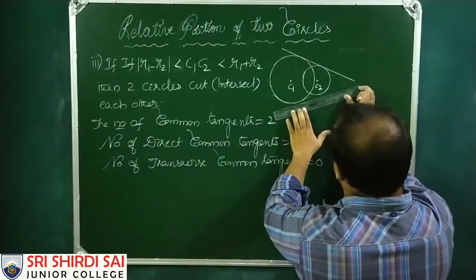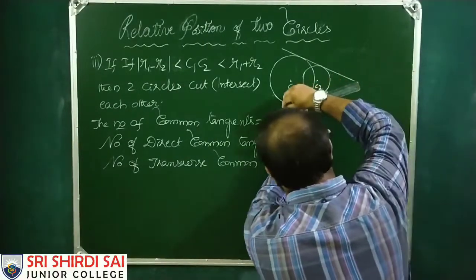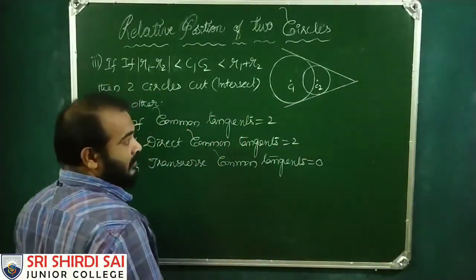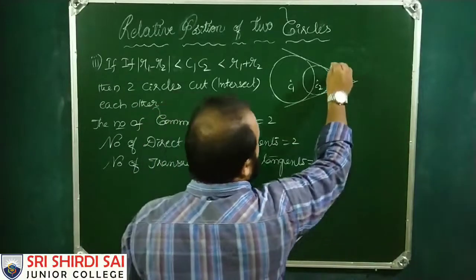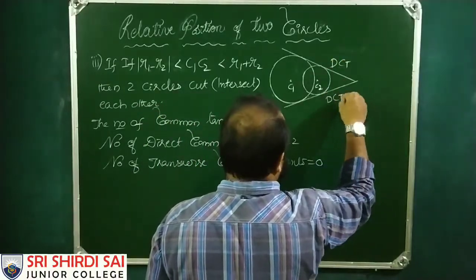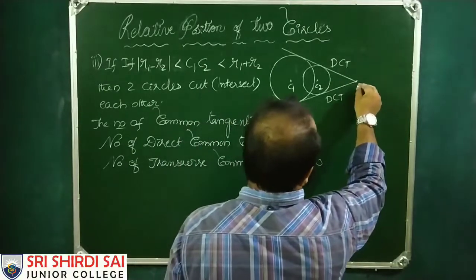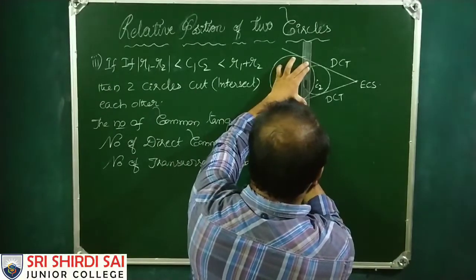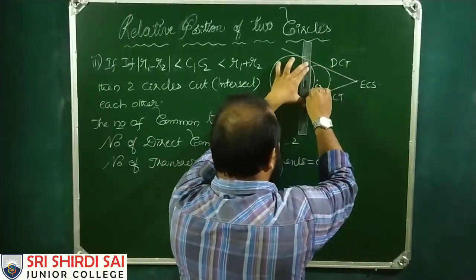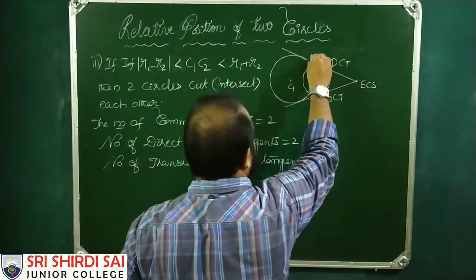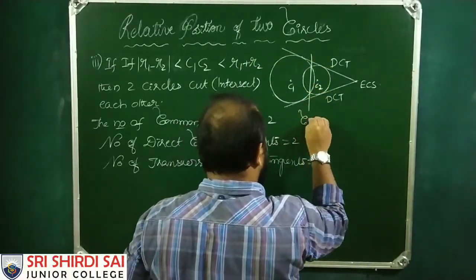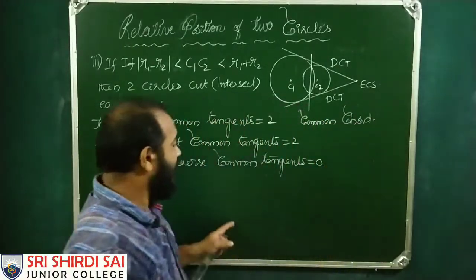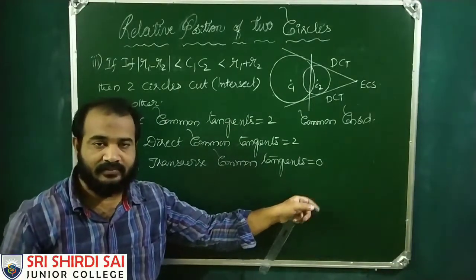Here this is also another common tangent, a direct common tangent. This point is the external center of similitude, and this is the common chord, because this is the chord common to both of them. Therefore there is no transverse common tangent possible here.